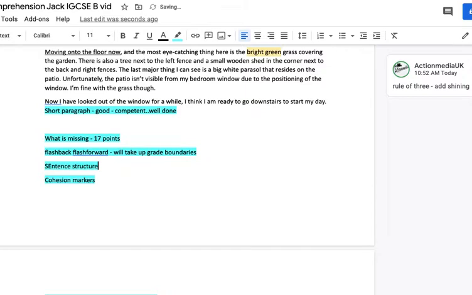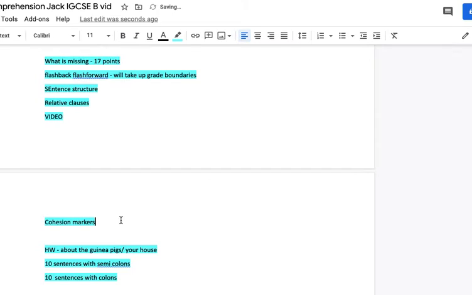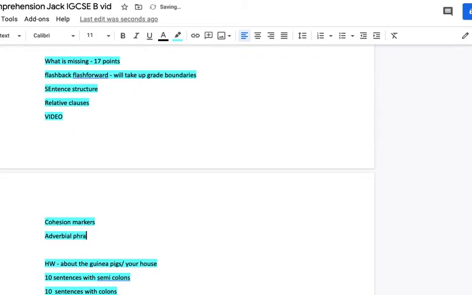So I want to look at relative clauses. So we're going to have a video on that. A video on relative clauses. And I'm also going to do cohesion markers, so adverbial phrases. I'll do a worksheet on that, okay? Hang on, let me just do a worksheet on adverbial phrases.